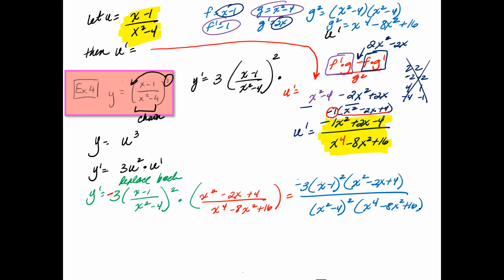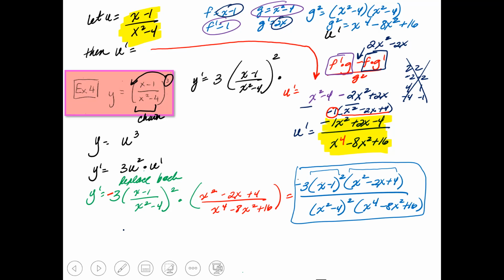And I think that's as far as you can go. If you really want to FOIL it, you could take your trinomial up here, multiply by the trinomial here, and then combine like terms. But I think for sake of time, this is good enough. And that is your answer for example 4.